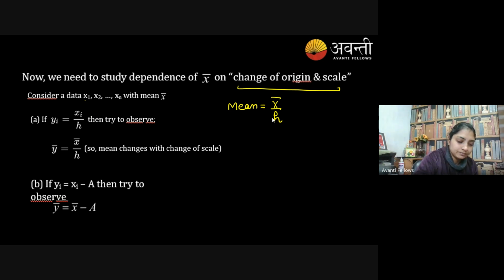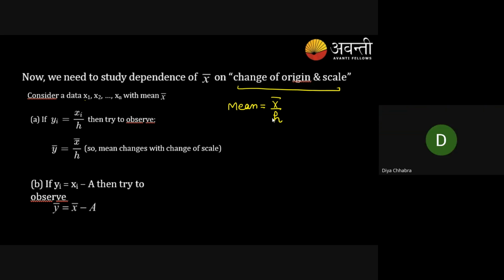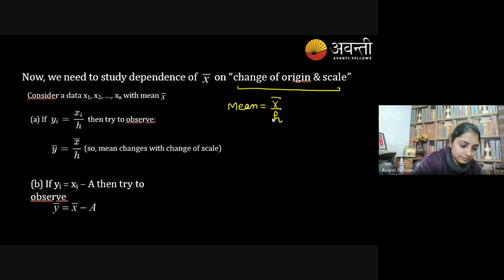So it means if every number is divided by h, then the new mean will be x bar divided by that number.